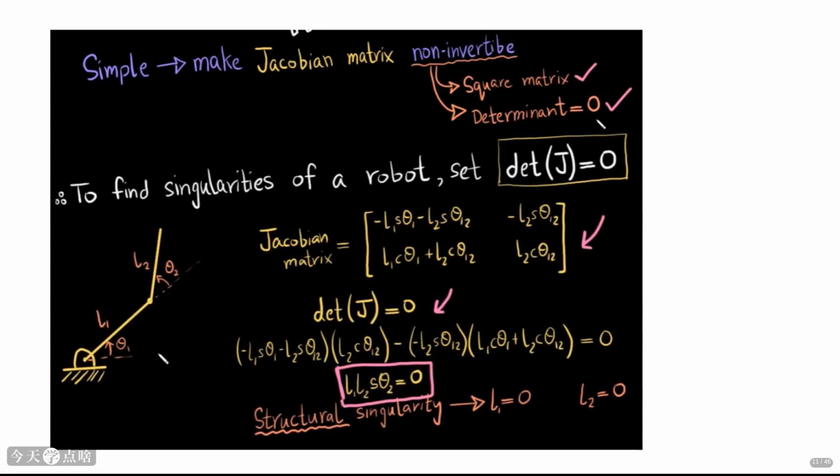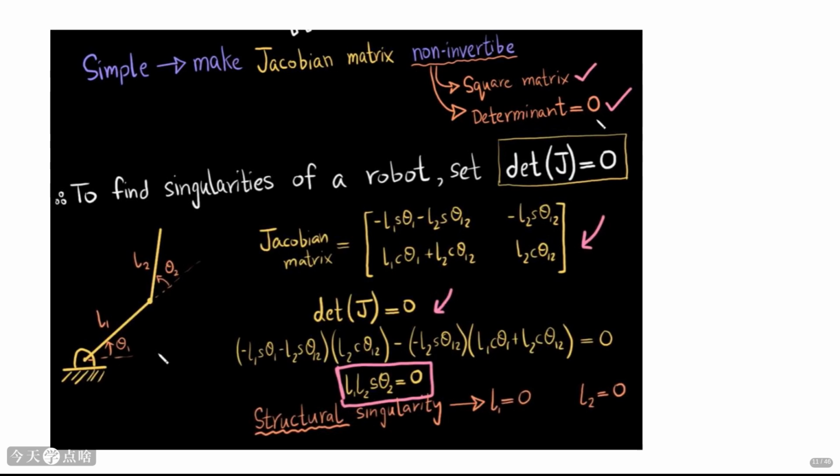Here's how we mathematically find those singularity points. We take the Jacobian matrix J for our robot, for example, the 2R robot we saw earlier. We calculate its determinant. The determinant of a matrix is a scalar value that tells us about the matrix's properties. If the determinant is 0, the matrix is singular.